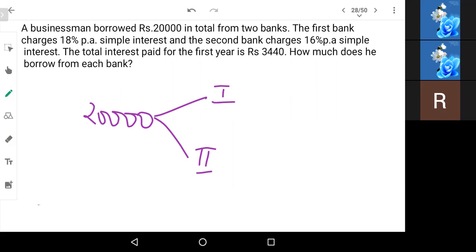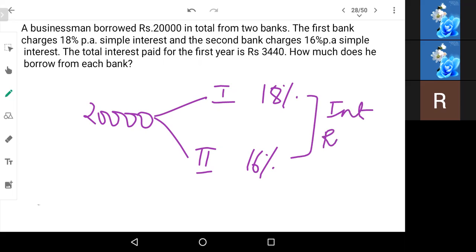If first bank is charging 18% per annum simple interest, and second bank is charging 16% per annum simple interest, totally interest paid is rupees 3,440. They are asking us how much did he borrow from each bank. This is the question analysis.